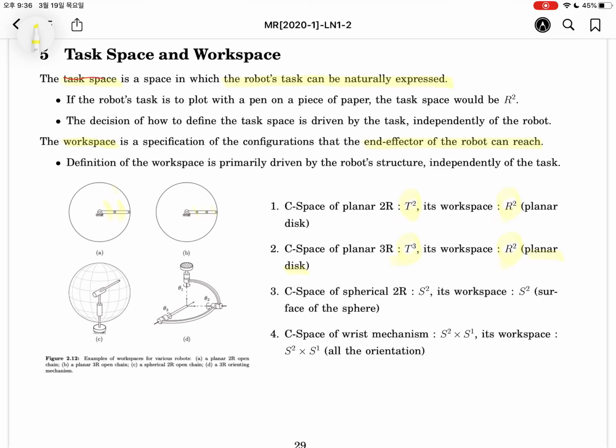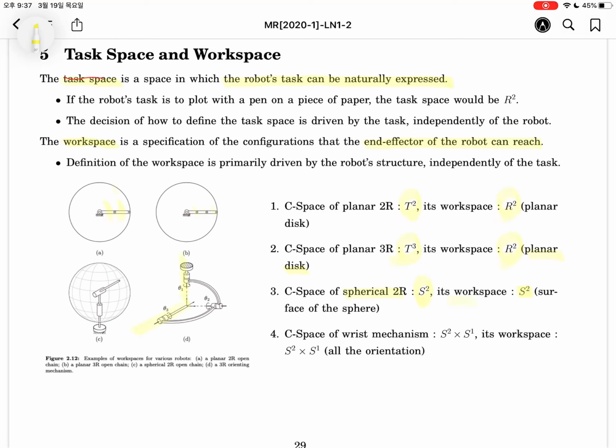On the other hand, the C space of the spherical 2R, as mentioned in the previous example, will be S2. It's totally different from T2. Its workspace is also S2, the surface of the sphere, using longitude and latitude coordinates.